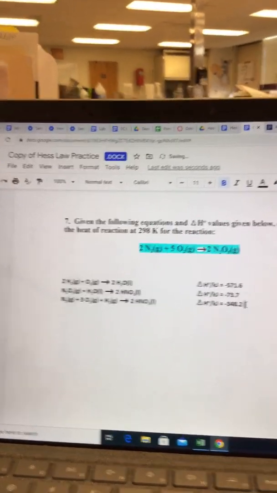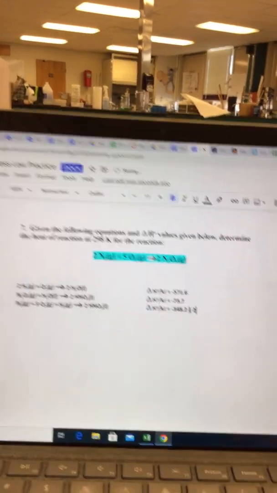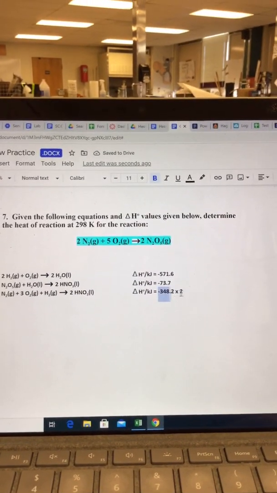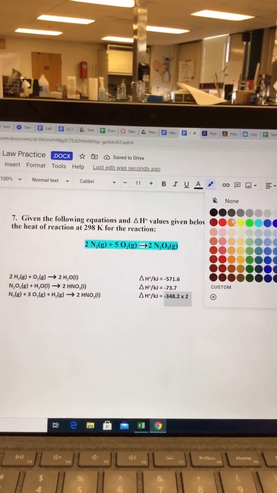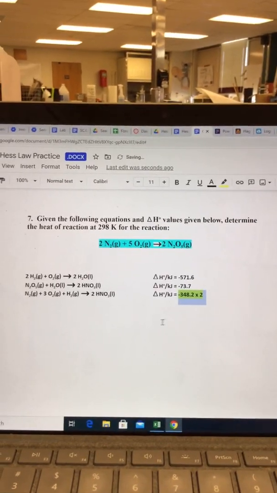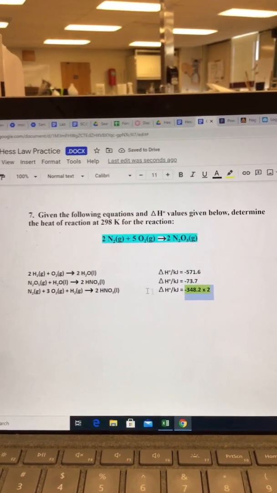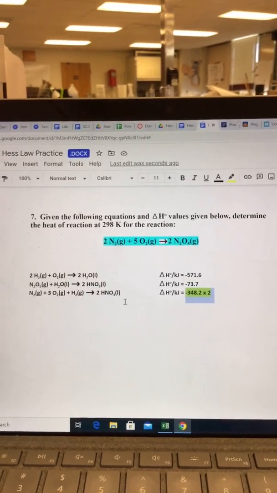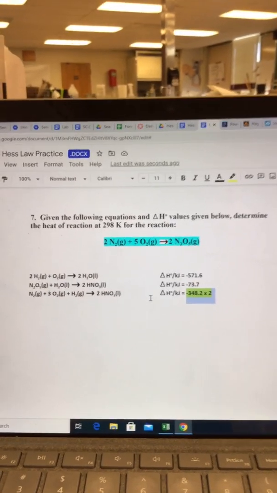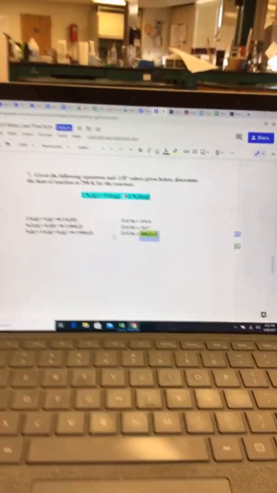So I'm going to come up here and make note that I am going to multiply my heat value by 2. I always like to make note of this before I record my changes because I feel like if you don't, you will forget all about it.